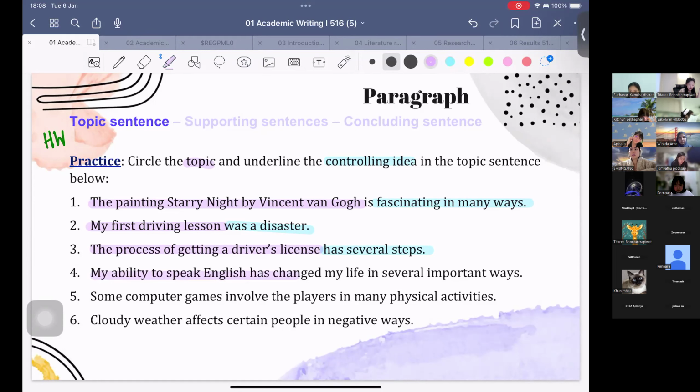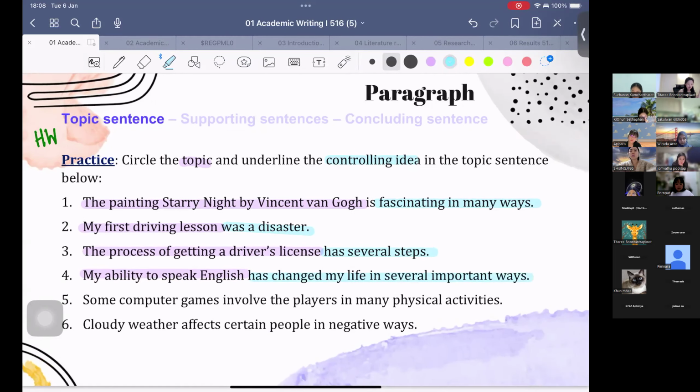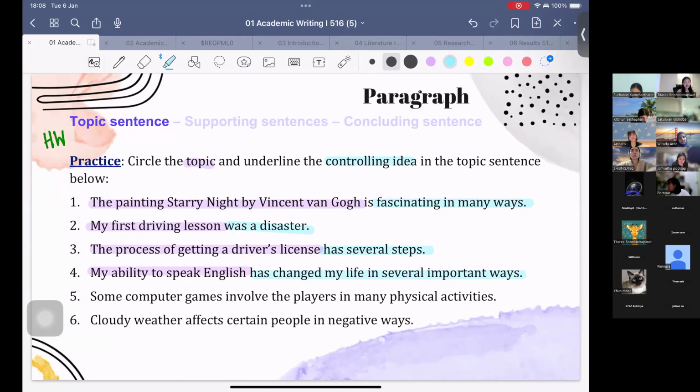And the controlling idea would be something like, it has changed my life in several important ways. So in this context, the author wants to talk about how speaking English changed his or her life, or their lives, in many different perspectives.